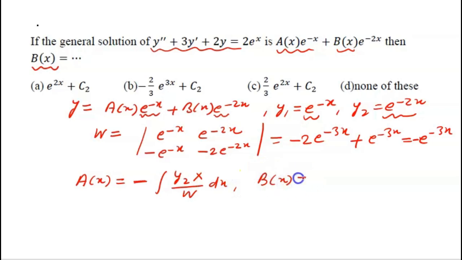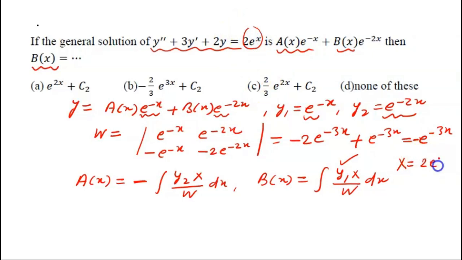The bx is defined as integral of y1 x by w dx. Now all those terms are clear. This y1 is clear, y2 is clear, the w is clear, but there is a new term that is coming, that is x. So what is this x? This x is basically the right hand side of this differential equation.